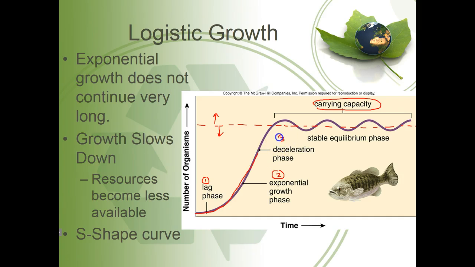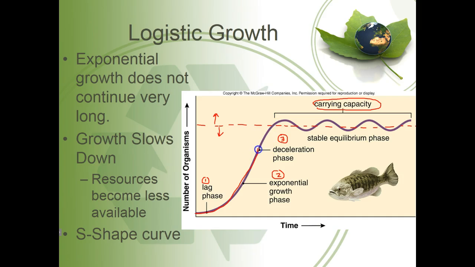3 is your deceleration phase, which means we're growing exponentially, and then all of a sudden the organism is sensing it's becoming close to the carrying capacity. Now, this isn't a conscious thought. It's just that the struggle for existence probably becomes greater because more and more organisms are using up more and more of the resources, and if there's only a set amount of resources, then it's going to be harder for every one of those organisms to acquire the resources it needs.